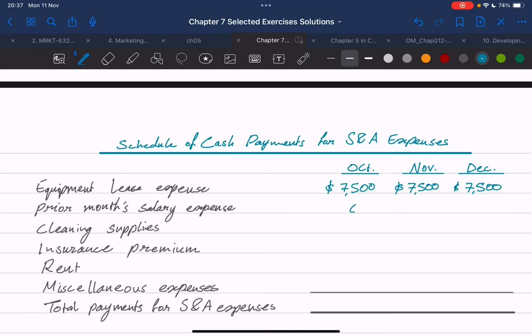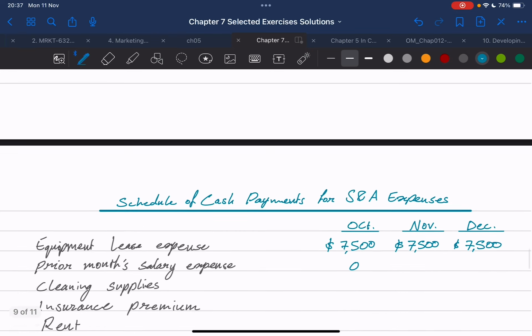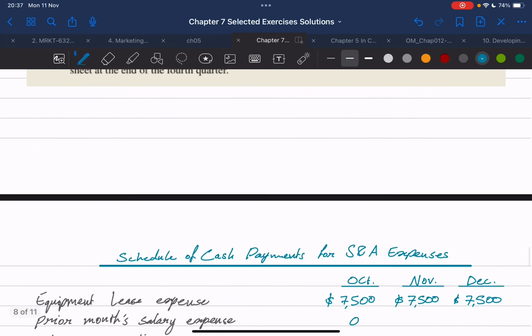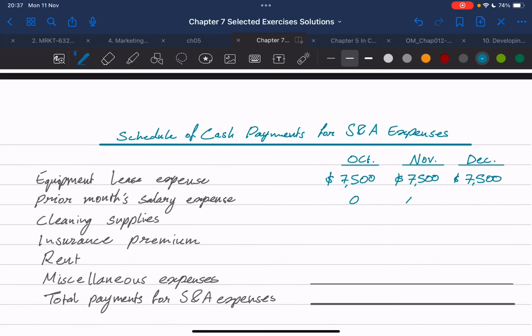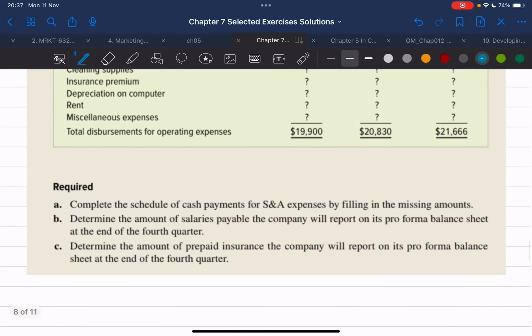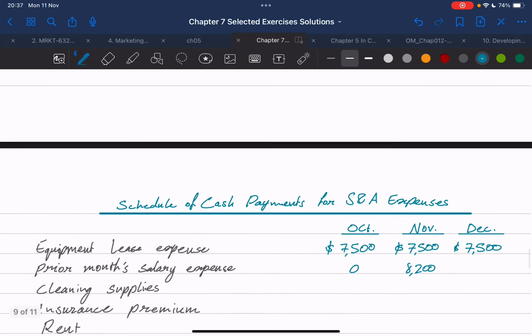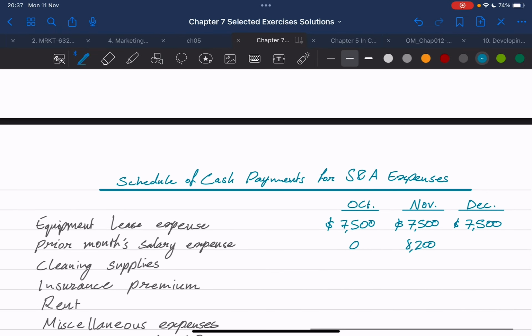And then the salary expense of October is going to be paid in November. How much was the salary expense in October? 8,200. So in November, we're going to pay 8,200 for salaries. And the salary expense for November is 8,700, which is going to be paid in cash in December. So 8,700.